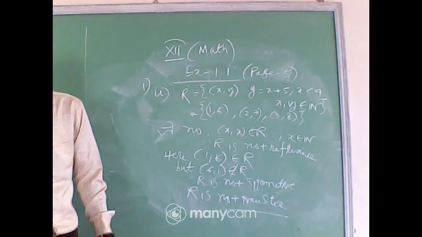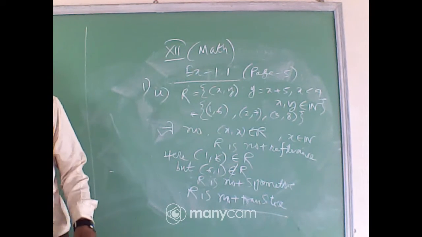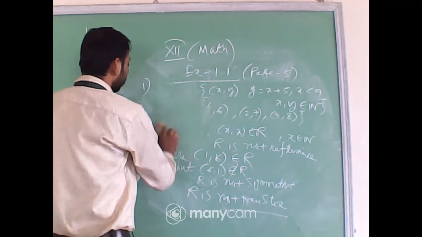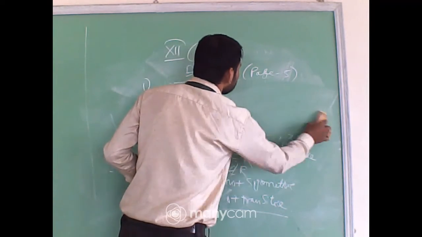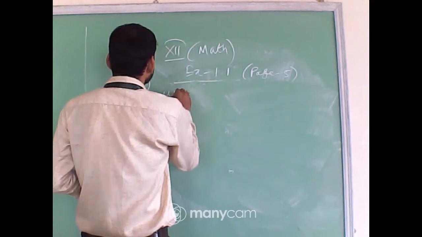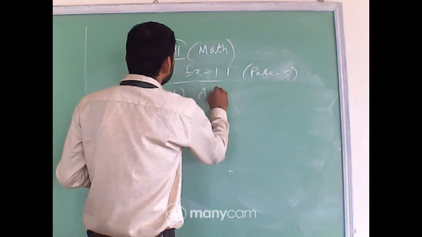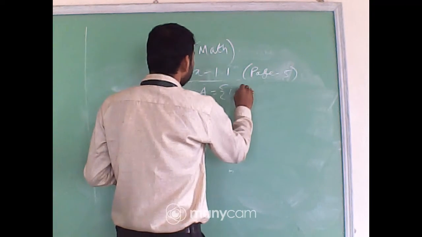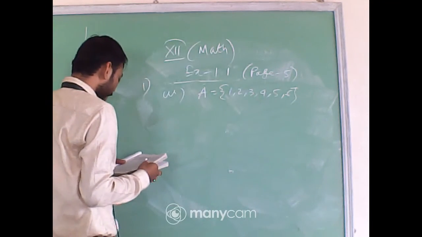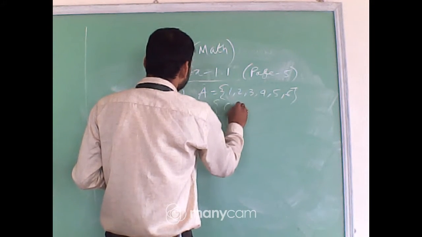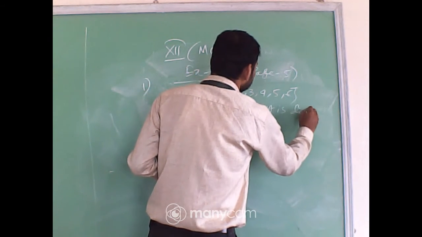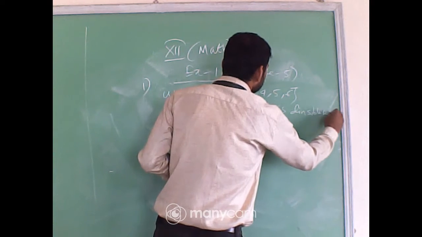Okay. Now move on to the next example. Example number 3. Here the set given is 1, 2, 3, 4, 5, 6, and the relation contains the ordered pairs x comma y such that y is divisible by x.